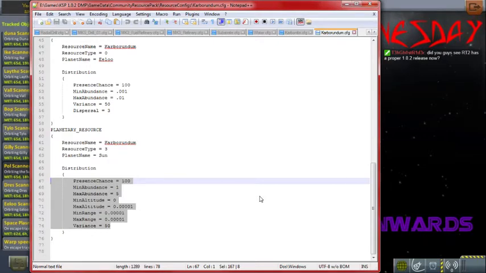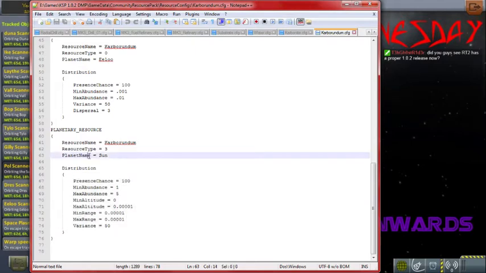Kinda curious. Why would you define an interplanetary resource around Kerbin's Sun specifically instead of doing a global definition?